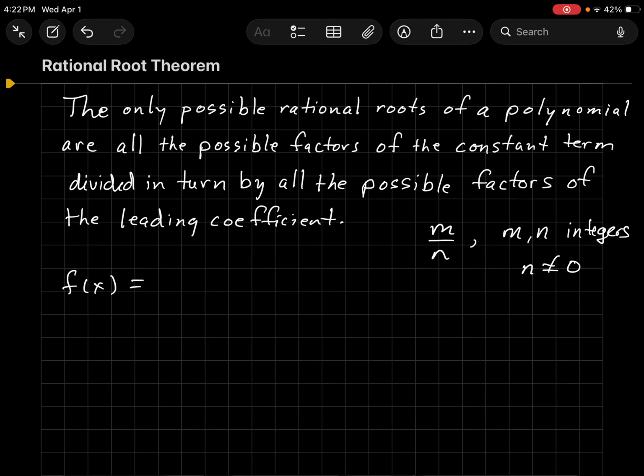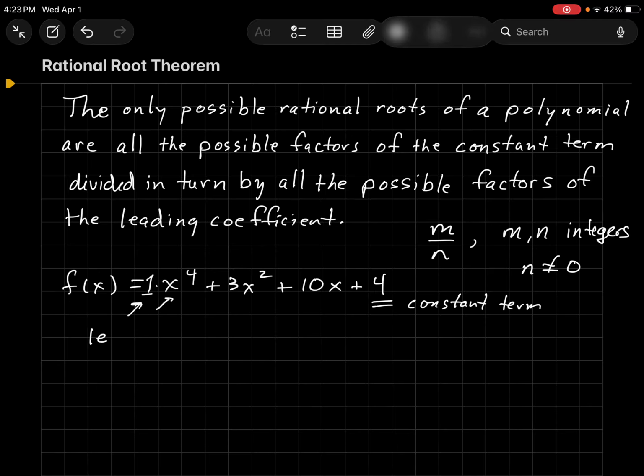So suppose I have the polynomial, let's say x to the fourth plus 3x squared plus 10x plus, let's say, 4. This back here is my constant term. The number in front of the highest power, in this case, has implied that it's a 1.